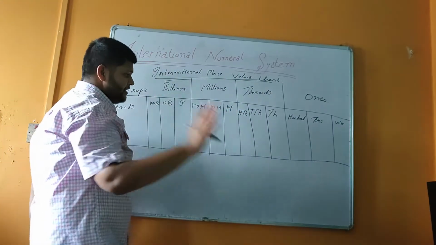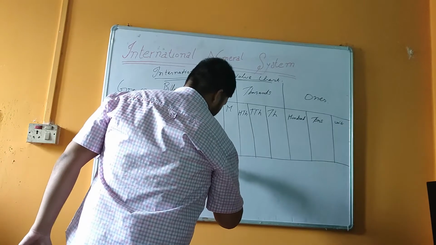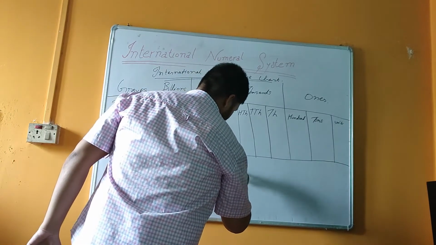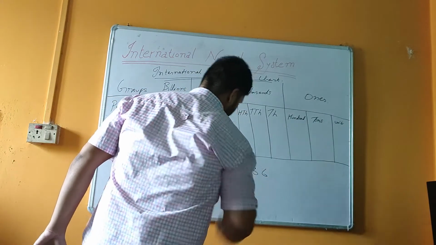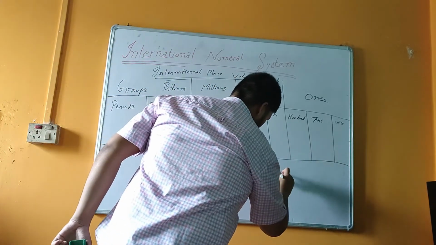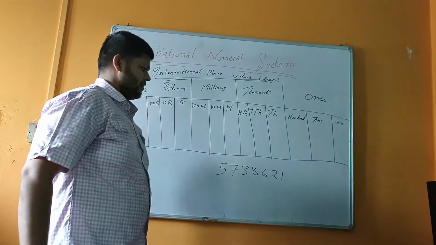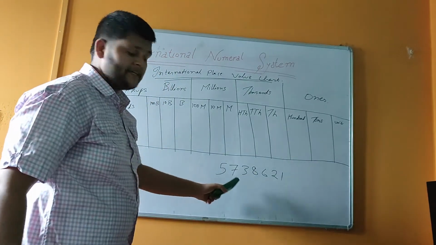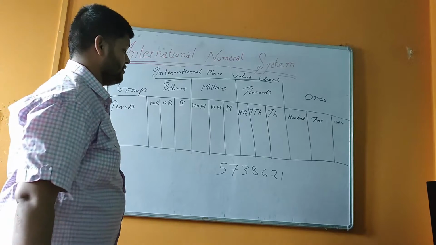In this way, if any number is given, suppose I am taking the number 5, 7, 3, 8, 6, and let me extend it by some more, to 1. Now I want to write this number in terms of words.